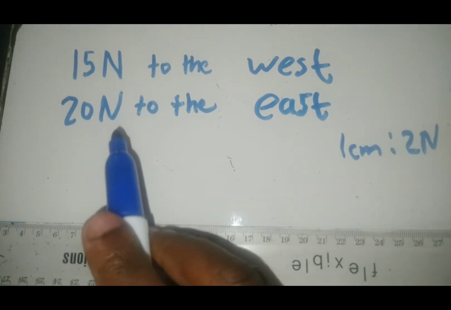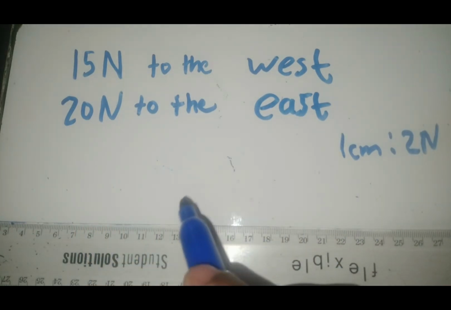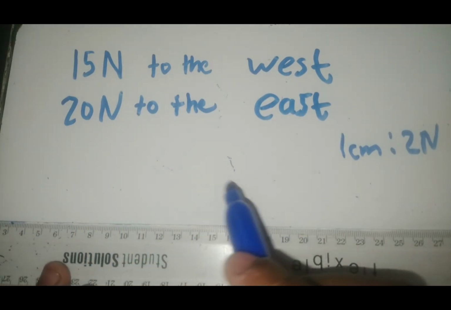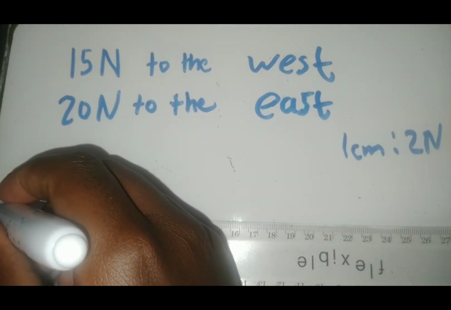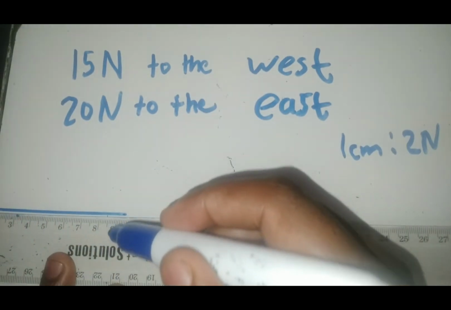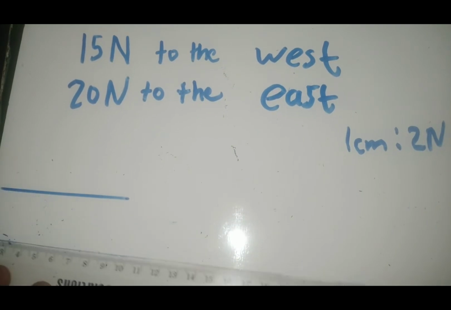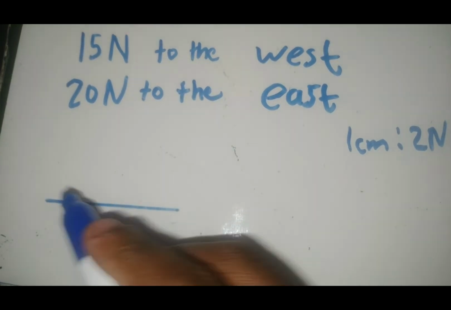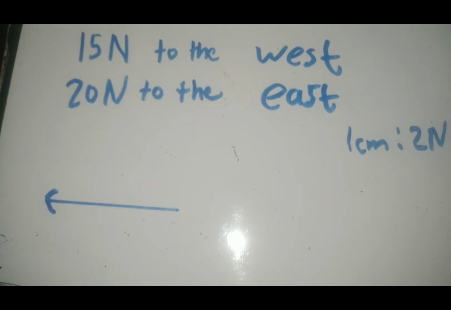Since this is 15 newtons, I have to measure 7.5 centimeters, because 1 centimeter is 2 newtons. So this is 7.5 centimeters, and it has to face to the west.